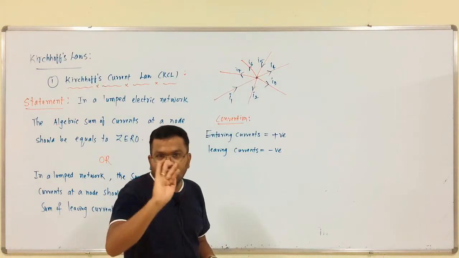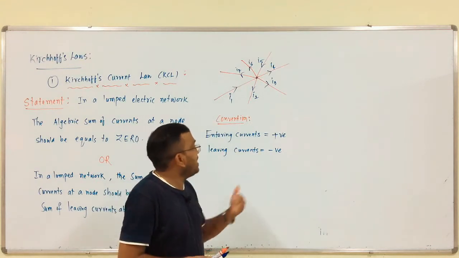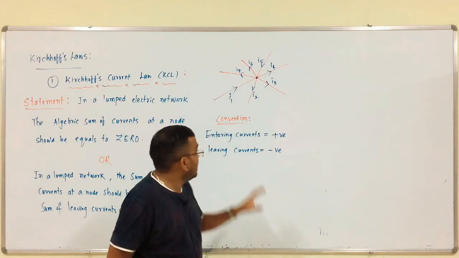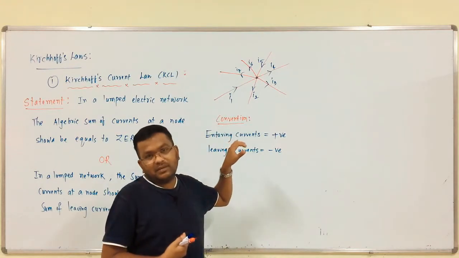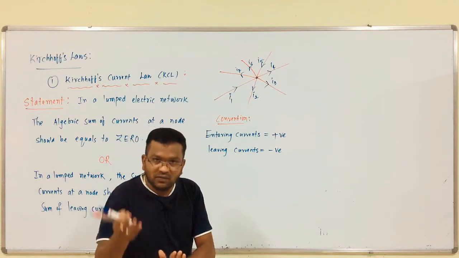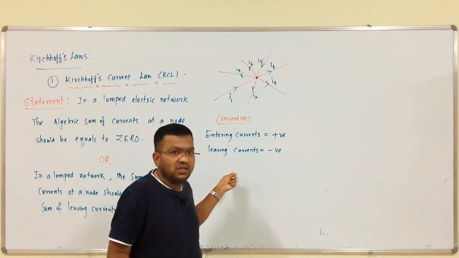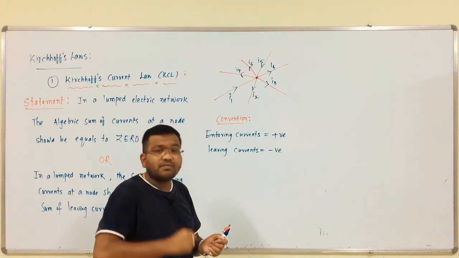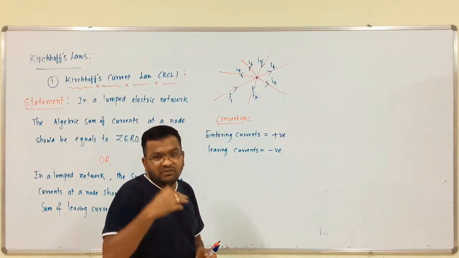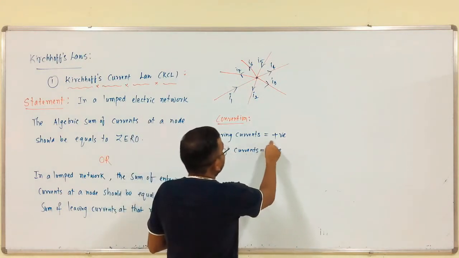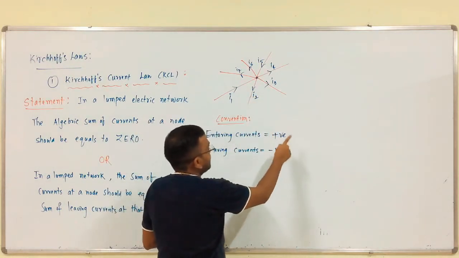So, there is no problem with different persons taking different conventions, but this is my convention. In order to proceed, I have to follow some convention, so I am following this one. Better you follow this convention in order to eliminate confusion between me and you. So, here the entering current is positive, leaving current is negative.